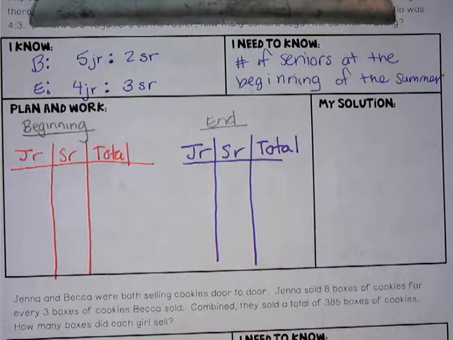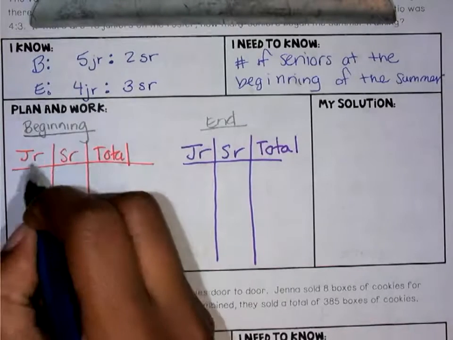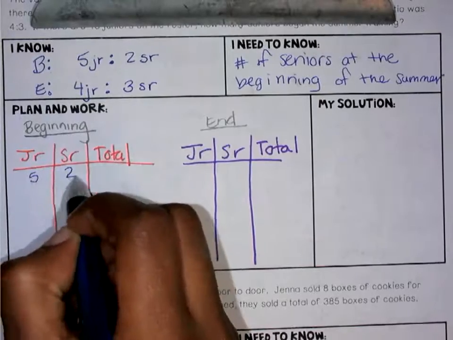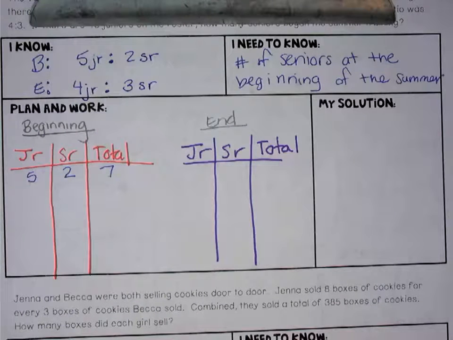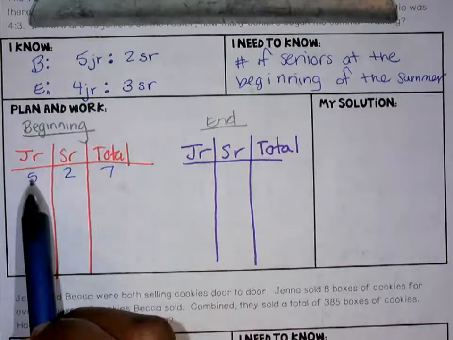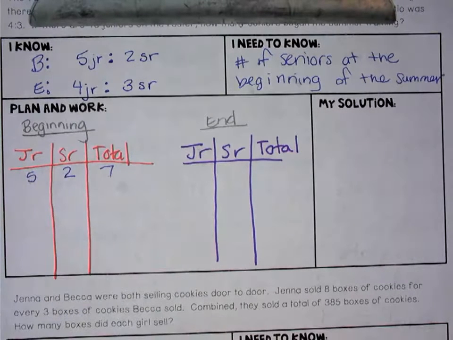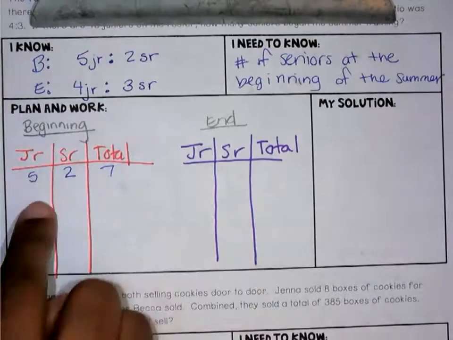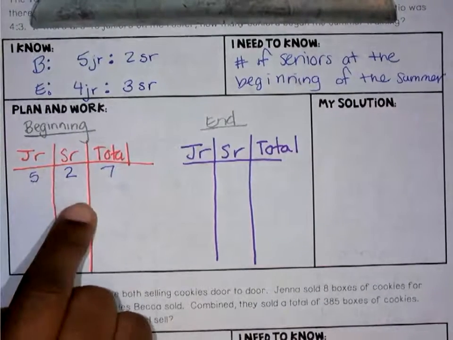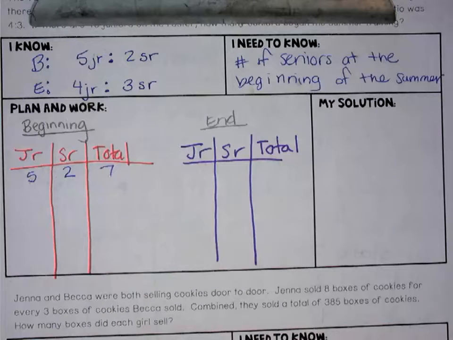All right, for the beginning, we know there were 5 juniors to every 2 seniors, and that's a total of 7, correct? So now you always are trying to double it. If we double it, we can't say 6 seniors, it's not going to be 6 and 3, because the juniors come in groups of 5, just like the seniors come in groups of 2.